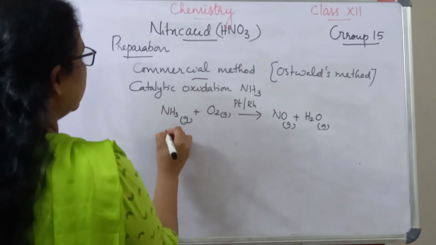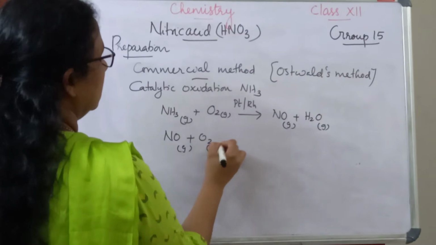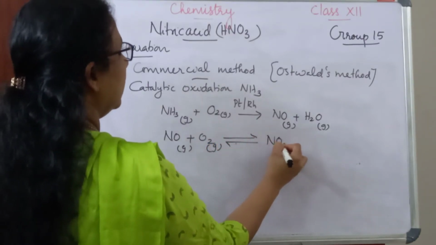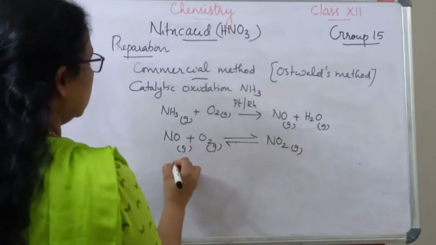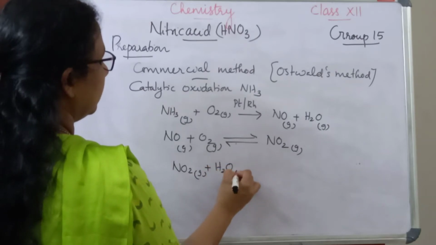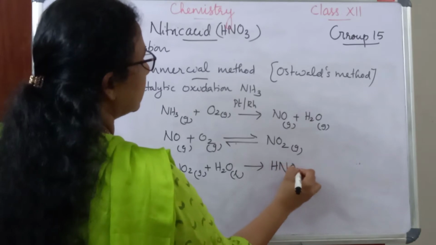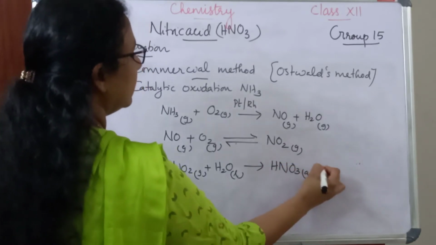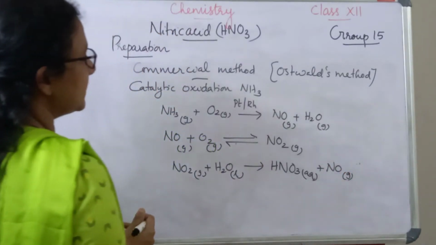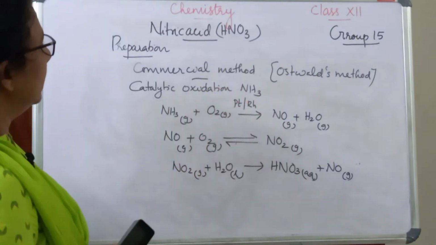Then in the second step, NO plus O2 gives, this is a reversible reaction, NO2. In the third step, this NO2 gas dissolves in water, produces HNO3, the main product, in aqueous form, and NO gas. So these are the steps involved in the commercial method of preparation of nitric acid.